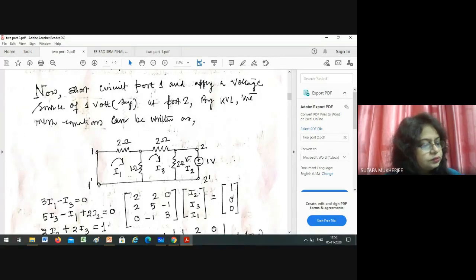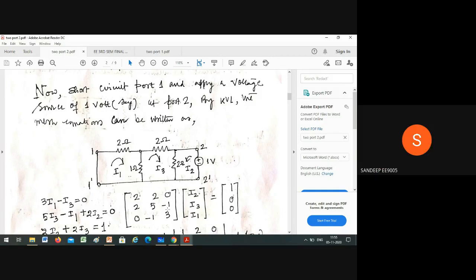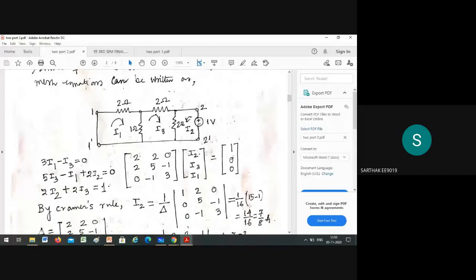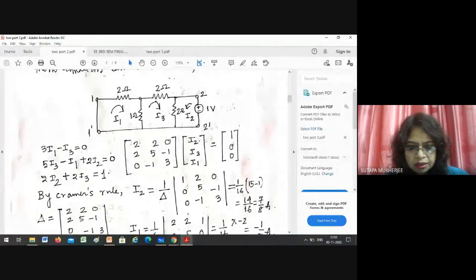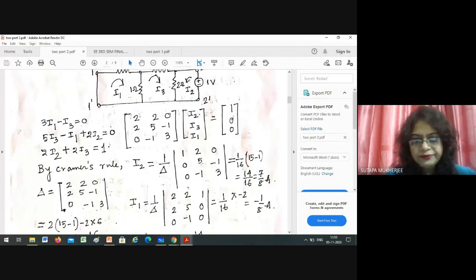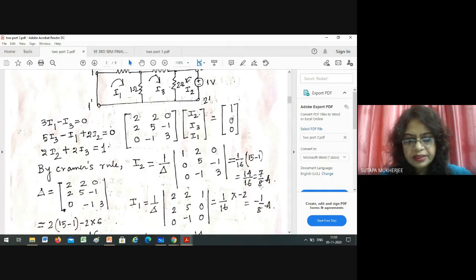Everybody will do. What is the value? 16, ma'am. Okay, nice. So this is 1 by 16 and this is 15. Already you have told me 15 minus 1, that is 14. So I2 equals 14 by 16, that is 7 by 8.